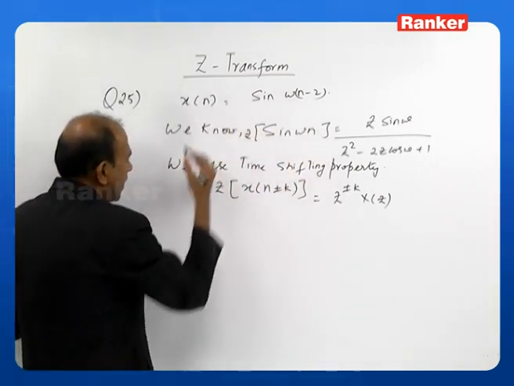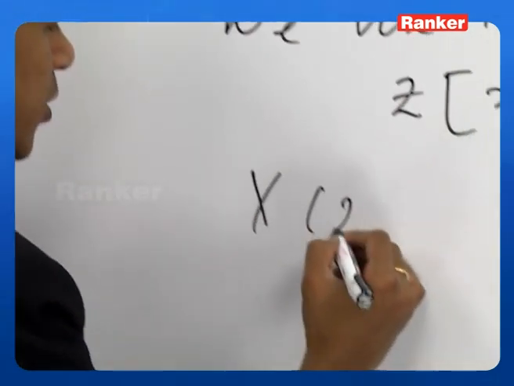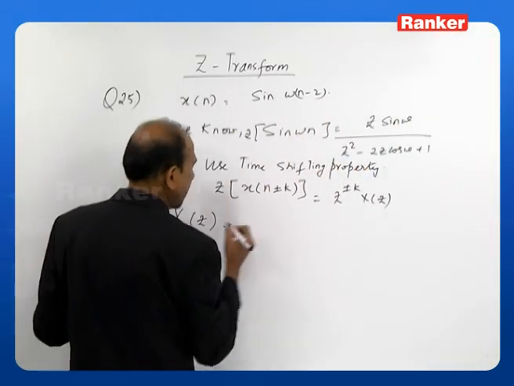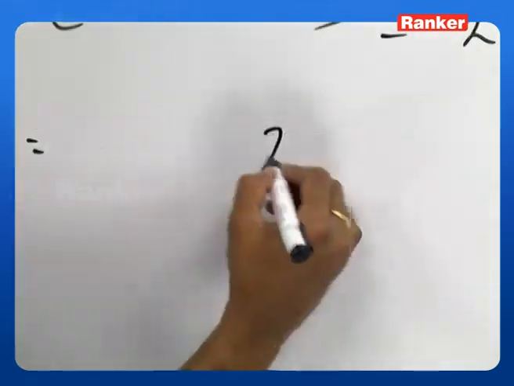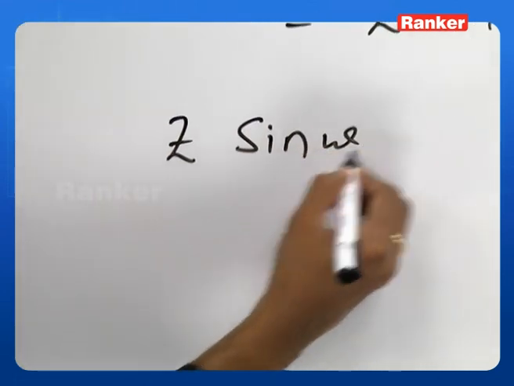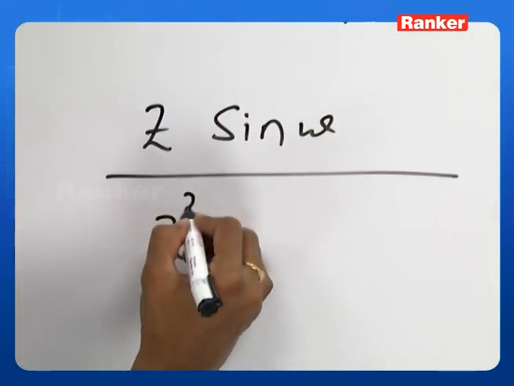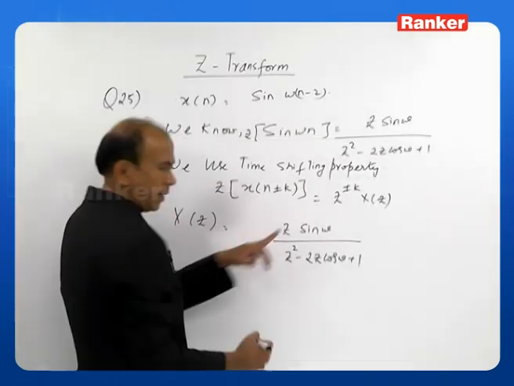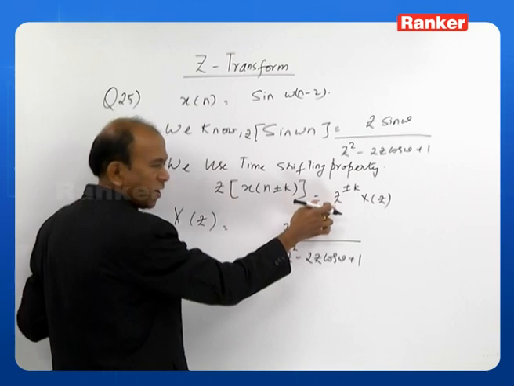So what I will do is I will write down here directly X of z. Okay. So we already know this. Let us write down that first: z sine omega by (z square minus 2z cos omega plus 1). Then what is it I have to do? I have to multiply by this.